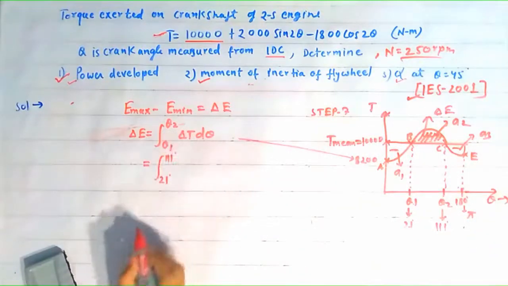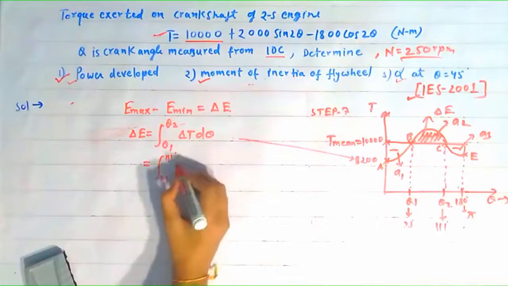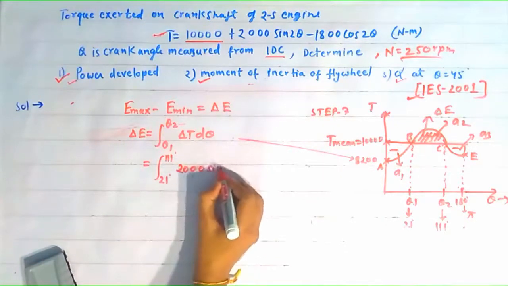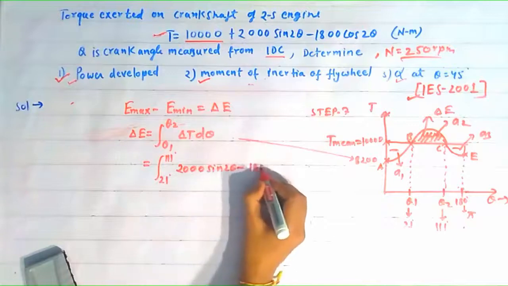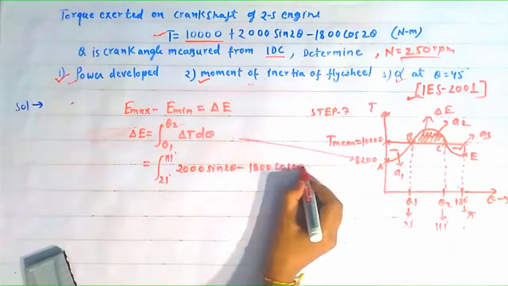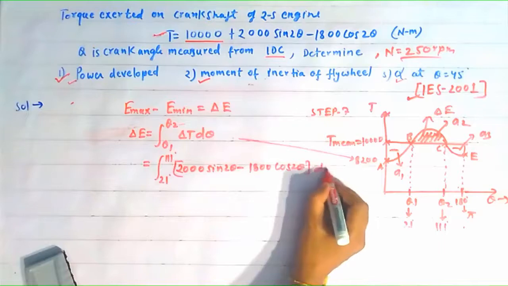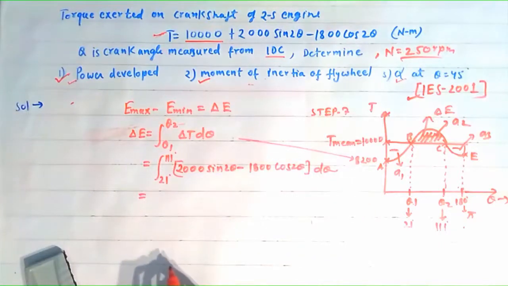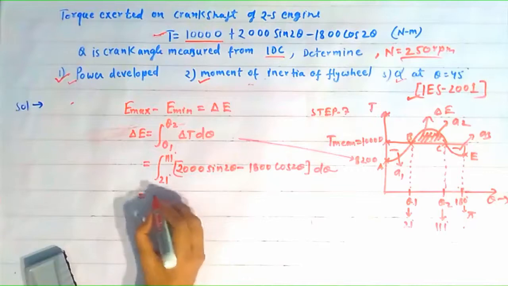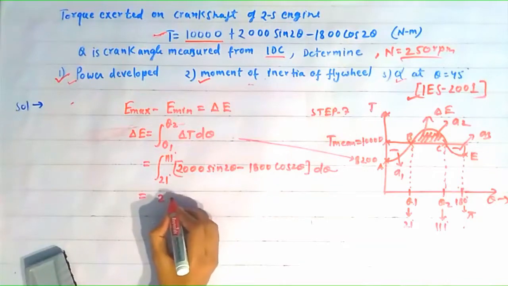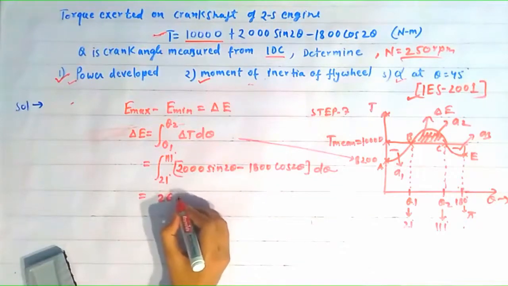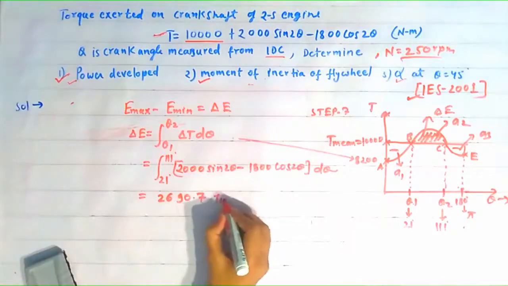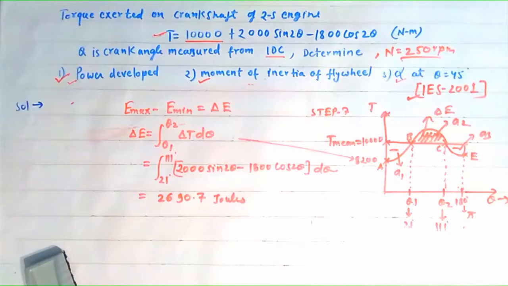Delta T we have already calculated in the previous step: 2000 sine 2 theta minus 1800 cos 2 theta. Now when we integrate this, we will get the value of delta E as 2690.7 joules.